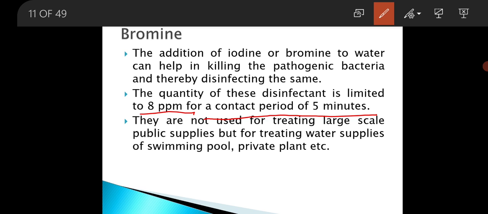These disinfectants are nowadays available in the form of pills and therefore are very handy. But this is not used for treating large scale public supplies, but it is suitable for treating small water supplies such as private plants and swimming pools, etc.